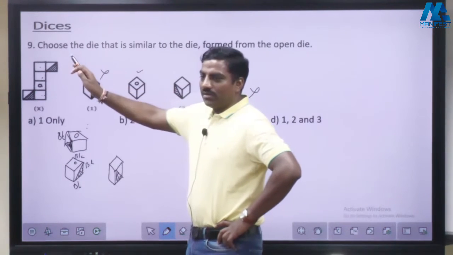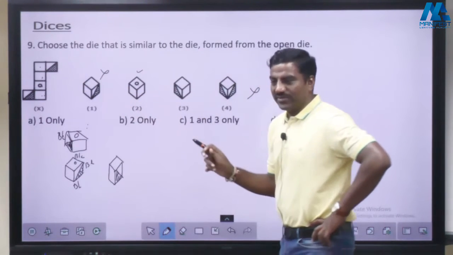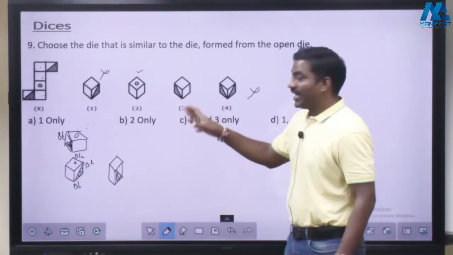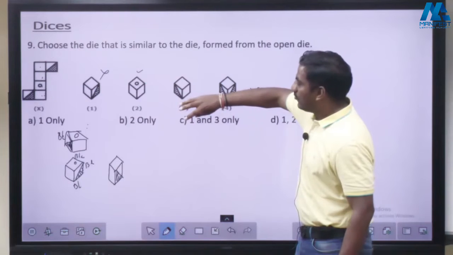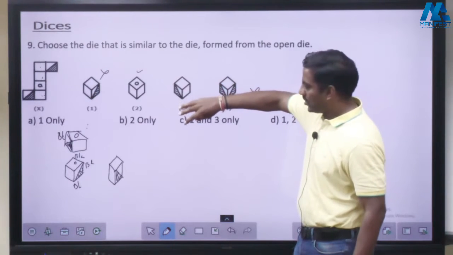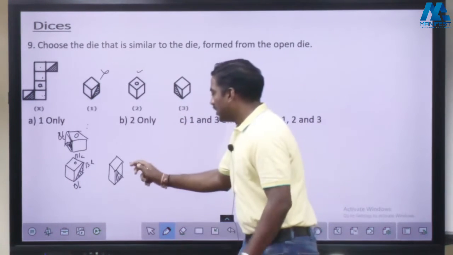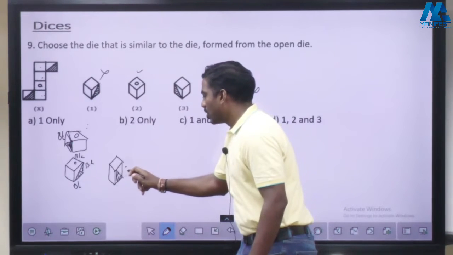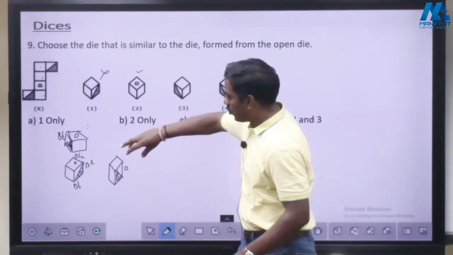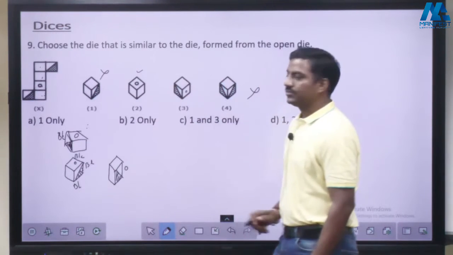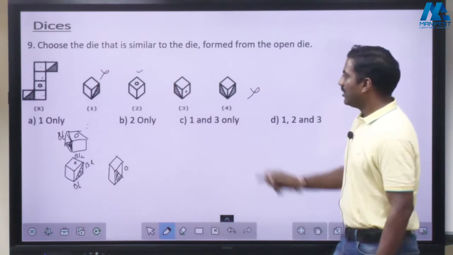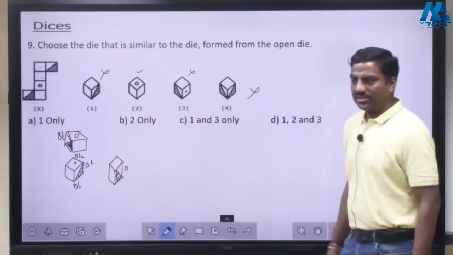This fellow. I know this is very tough because of shade, blank, rotation, all that. When you rotate like this, the dot has gone here, and when you rotate like this, here the dot has to come. Even this cannot be the answer.